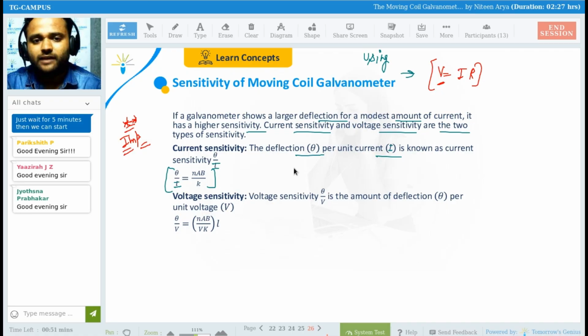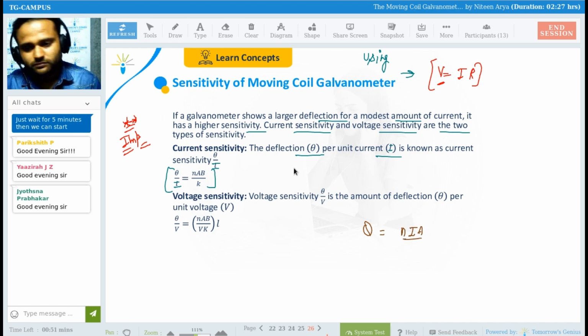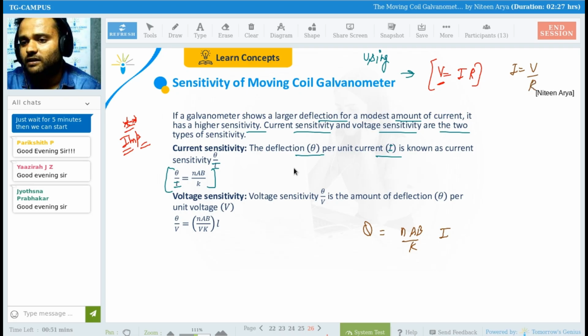As we know, theta is NAB upon K into I. Now I equals V by R, or V equals IR.